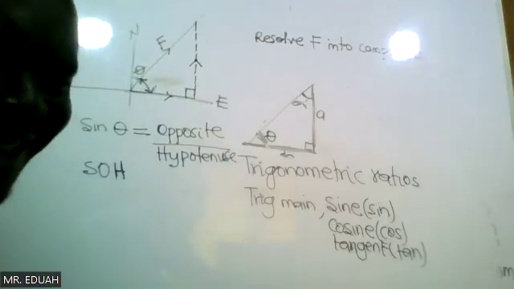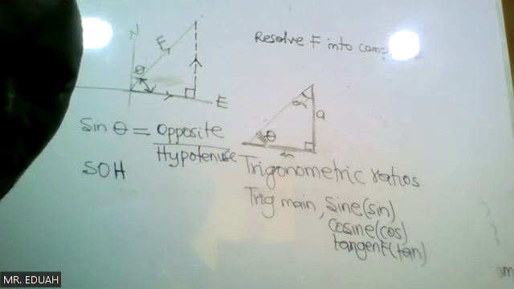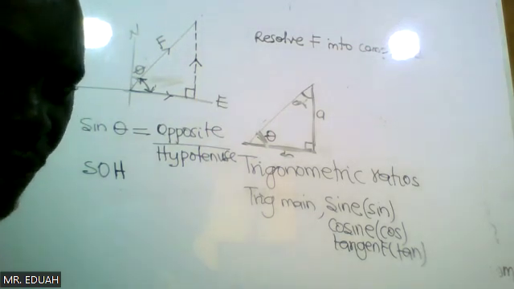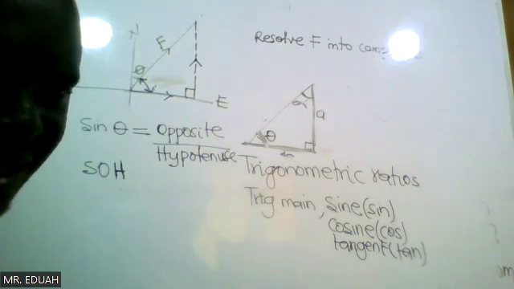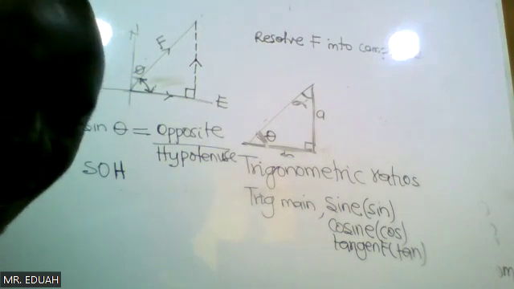So the S means sine, the O means opposite, and the H means hypotenuse. So whenever you mention SOH, it is the trig ratio sine, which is opposite over hypotenuse.